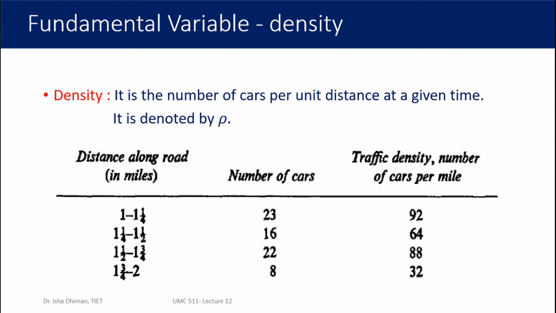From 1.5 to 1.75 miles there are 22 cars, and from 1.75 to 2 miles there are 8 cars. So within every quarter of a mile they have measured it, and then obviously to convert it to number of cars per mile they have to multiply by 4. So the third column depicts the traffic density.